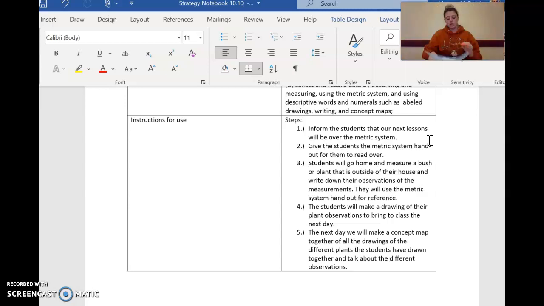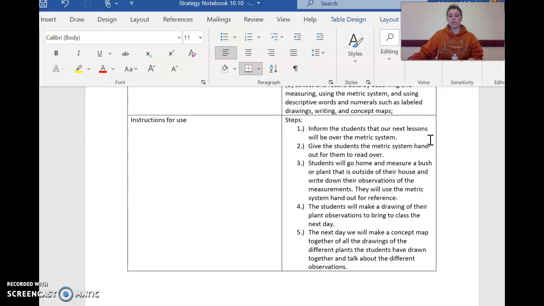So the students are going to take this home and review it, look over it, and they're going to go outside and measure a bush, plant, flower, whatever they want for the measuring item they have.